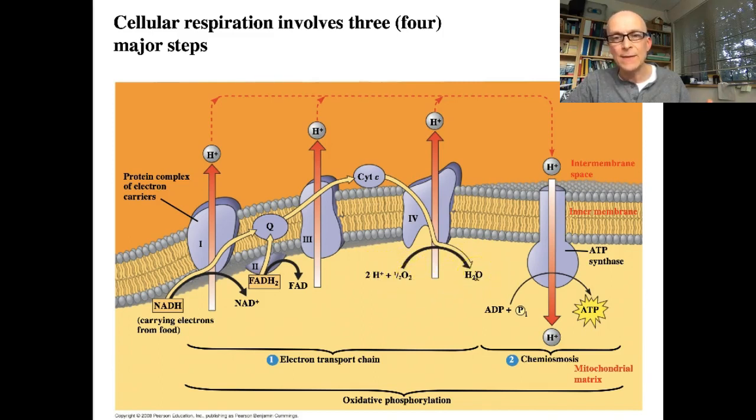That's the last step that these electrons are doing. And then they're finished. In the meantime, through all these redox reactions, they have produced an electrochemical gradient, and in the end they have produced water. That is the water that you evaporate, that you breathe out as a result of cellular respiration.